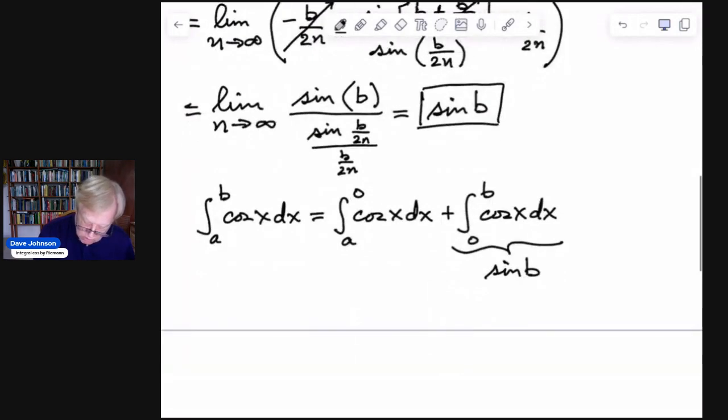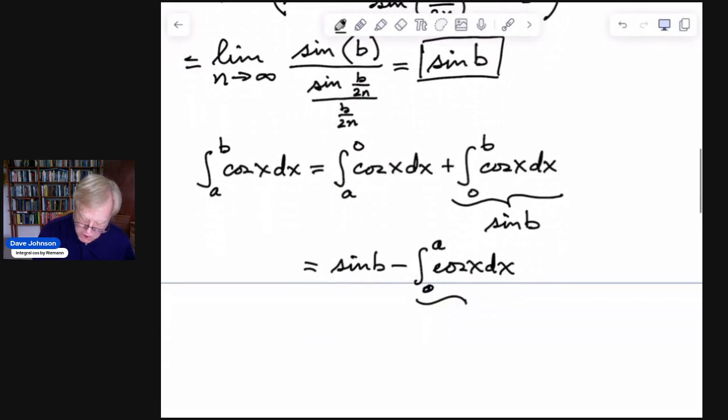But let me rewrite this. So this is sine b minus, now why am I putting a minus sign here? Because if I change the order of these limits, then this is going to become the minus the integral from 0 to a of cosine x dx. And of course, this is just sine a.